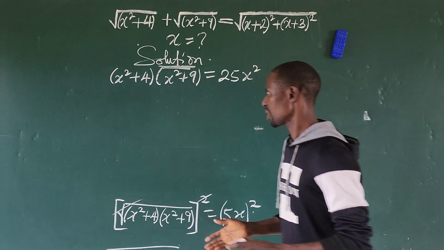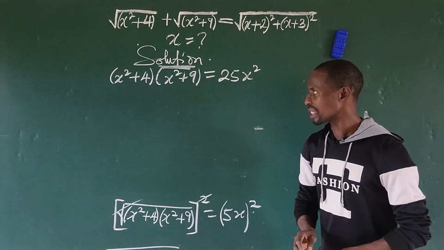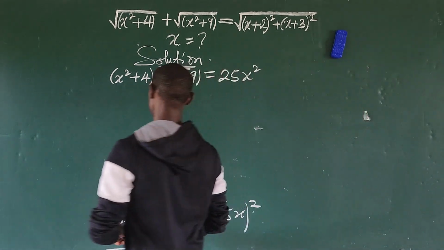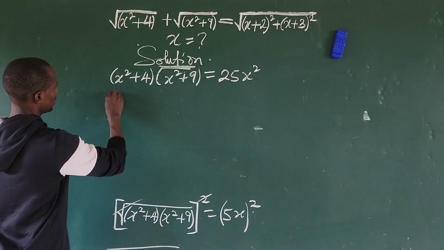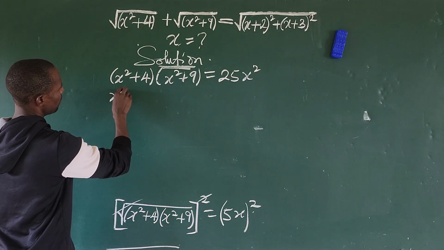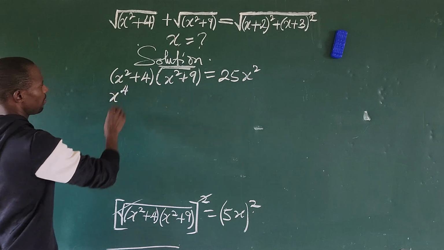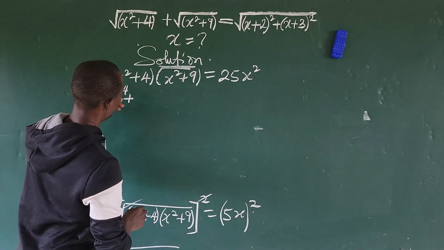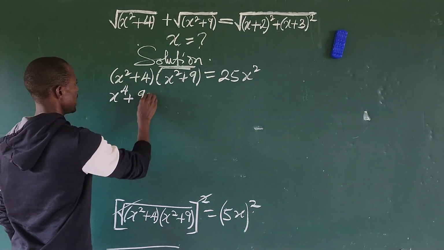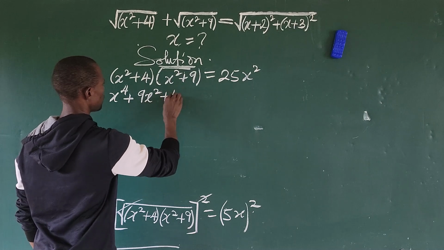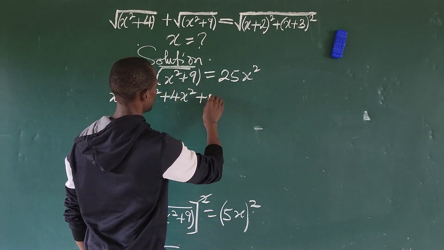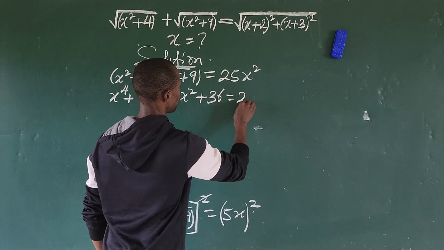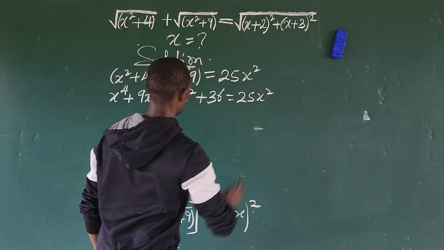At this point, we can open up these terms. Again, this will give us x to the power of 4, then plus 9x squared, then plus 4x squared, then plus 36 equals 25x squared.